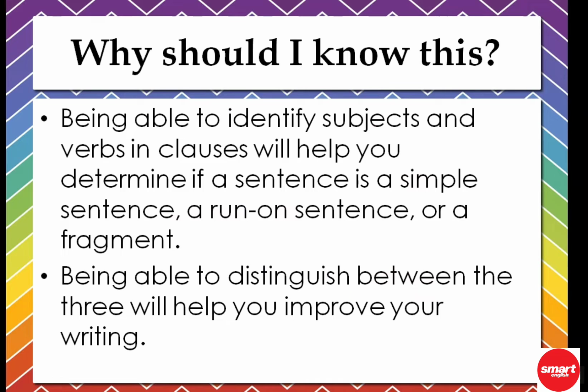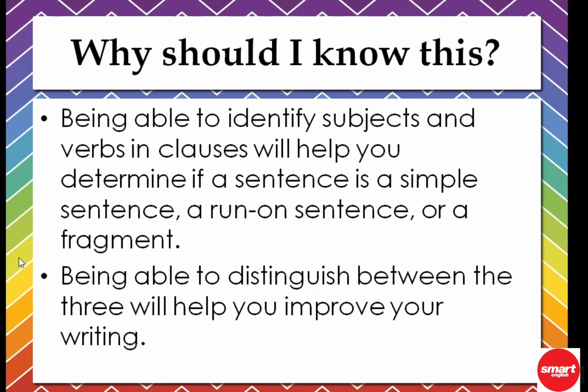Actually, you should know why you study something like that, why you have to know the independent clause and the dependent clause. Being able to identify subjects and verbs in clauses will help you determine if a sentence is a simple sentence, a run-on sentence, or a fragment. Such sentence problems cannot be identified without realizing the verbs, the subjects, the complete thoughts, the clauses, independent or dependent, and so on.